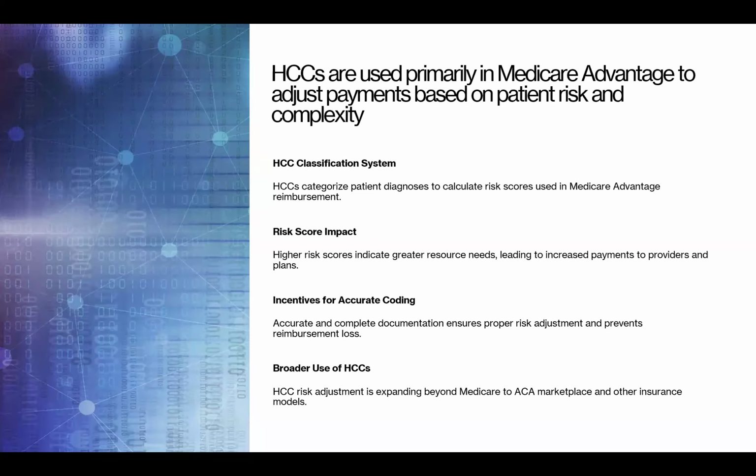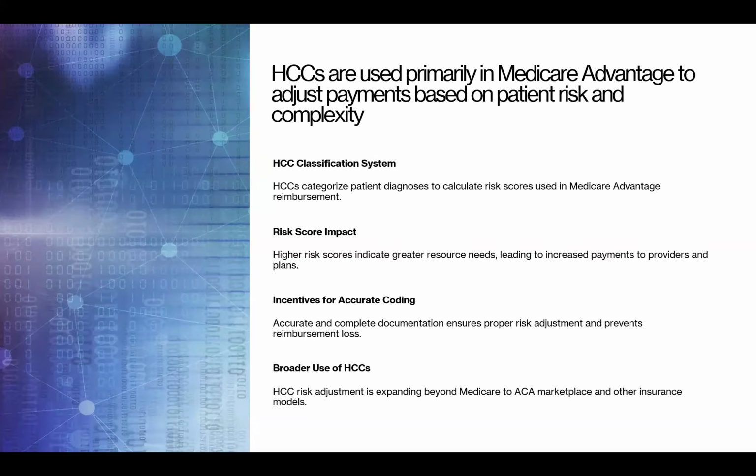You can have cancer, diabetes, and other different conditions, and they're cumulative, whereas with MS-DRGs you have the principal diagnosis and can only have one DRG per hospitalization. A higher risk score means greater resources are needed, which results in increased payments by CMS to the health plan and ultimately the provider.